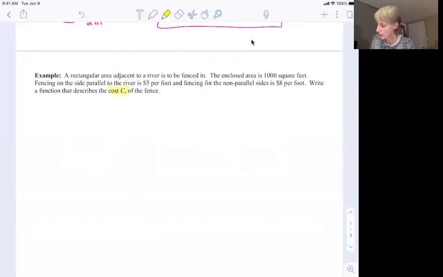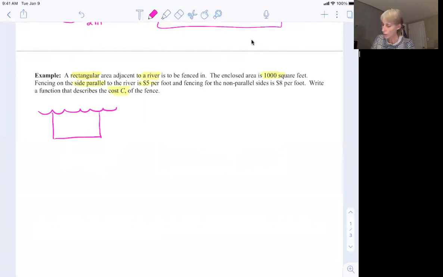So I've got a rectangular area. It's going to be on a river. So I'm going to have a river. I'm obviously not going to need fencing for that side. The enclosed area is 1,000 feet. Fencing on the side parallel to the river is $5 per foot.